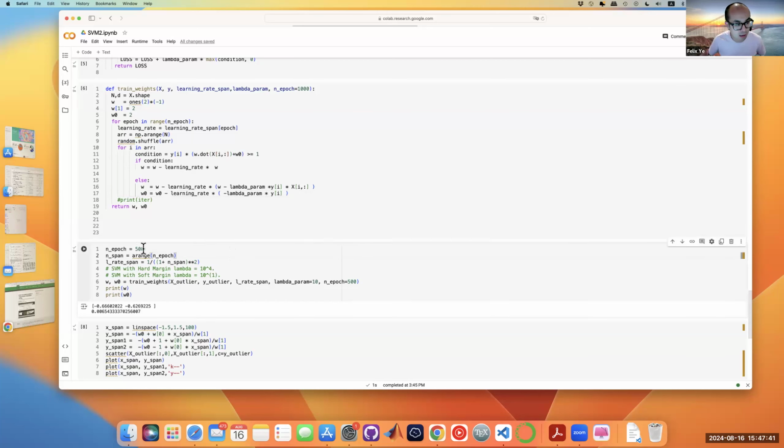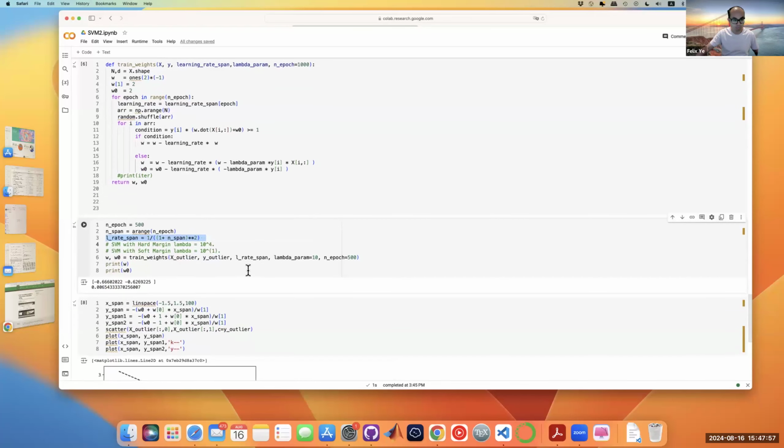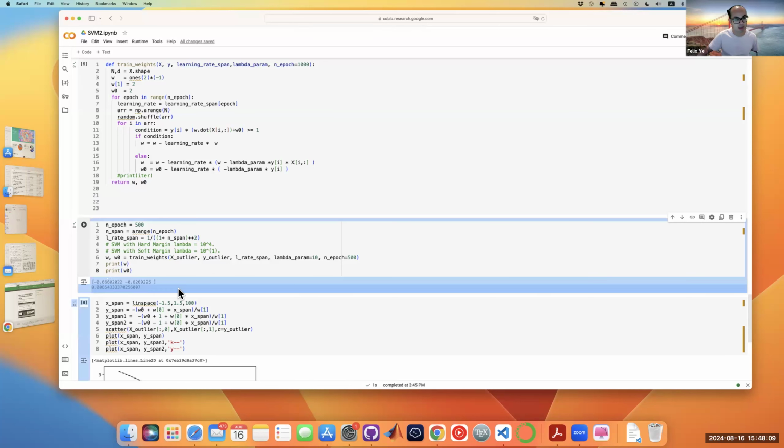Here we train with 500 epochs, and the learning rate decays polynomially. Of course, you can change that if you need. After this we see my W has this value and my W0 looks like that.